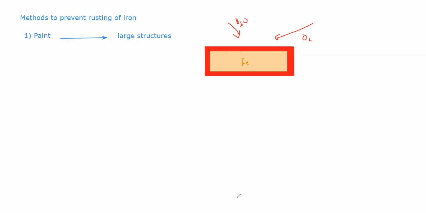Is it clear how rusting is prevented by painting the object? The second thing which we can do to prevent iron from rusting is greasing, by putting oil.